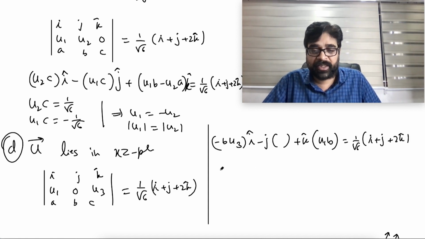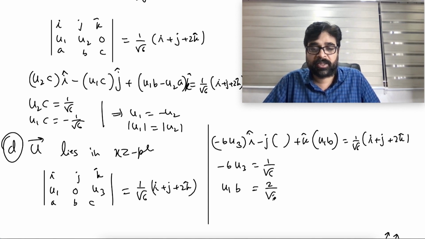Now comparing the I coefficient, we get minus b u3 equal to 1 by root 6, and comparing the k coefficient, u1b equal to 2 by root 6.